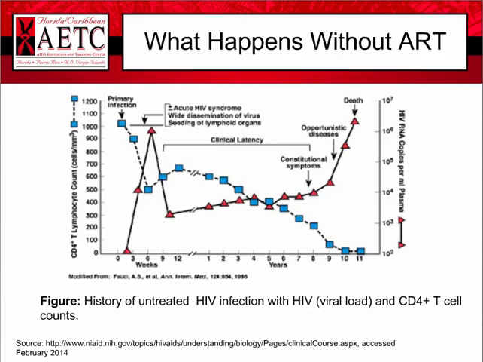I'd like to go over what happens without ART. I've gotten some questions before about, why do we start antiretroviral therapy if someone's not ready or if someone's not willing to be adherent? Well, I wanted to just remind everybody about the rapid pace that the virus really takes off without any medication. You'll see that with primary infection in the blue, basically what happens is the CD4 count takes a hit over a couple of weeks and then starts to take more of a slow decline.